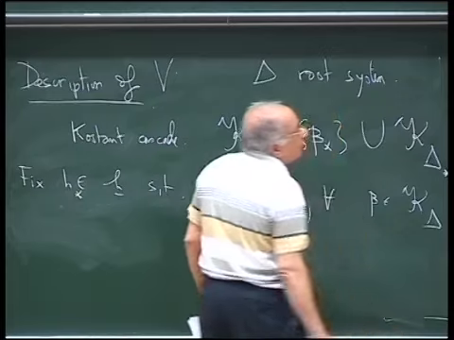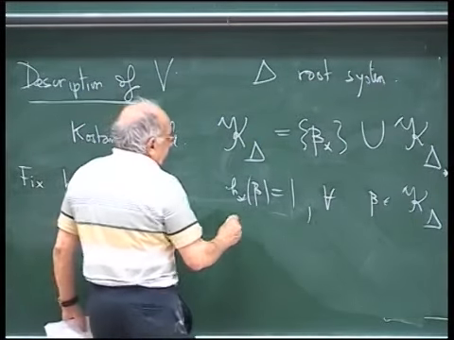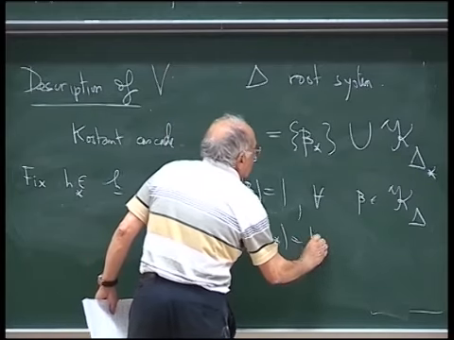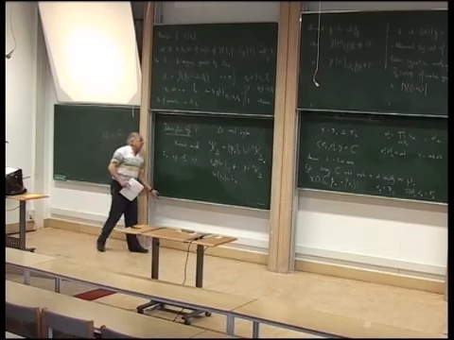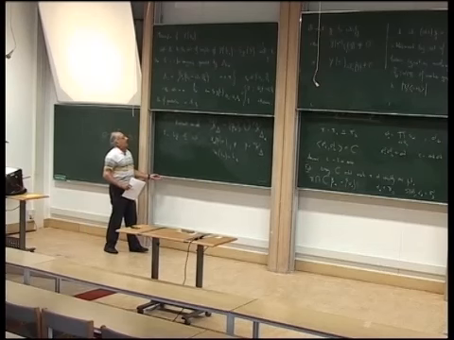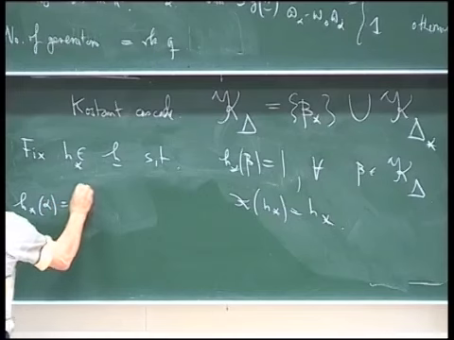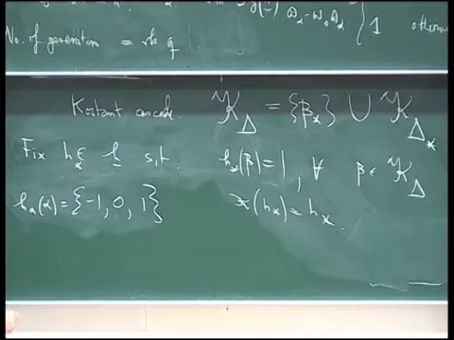Let me assume that the Coxeter number is even, and let me also impose, since it's necessary in general, that kappa of H star is H star. Otherwise, it's not unique. And then the remarkable thing is, and I don't know if this has any more use, that H star of alpha is in the set -1, 0, 1 for all alpha in pi.